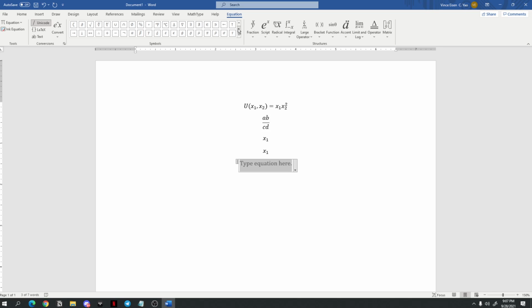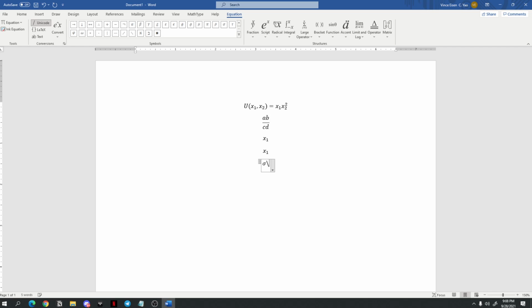Instead of looking for sigma here, I could just go to Google and ask Google, what's the Unicode for sigma? And of course, Google will tell me, oh, sigma's Unicode is backslash sigma. And if I type that down and press space using Unicode, then immediately I get sigma right here.